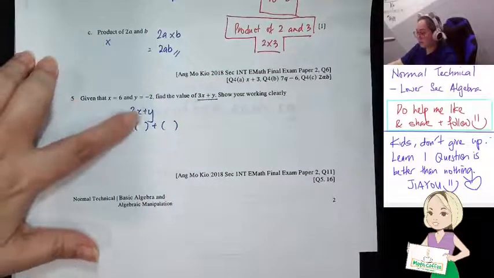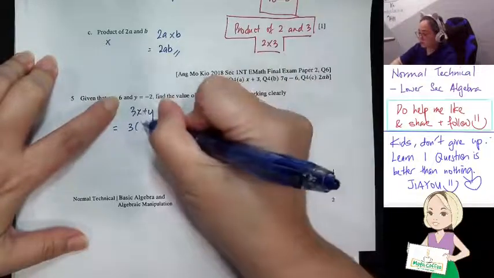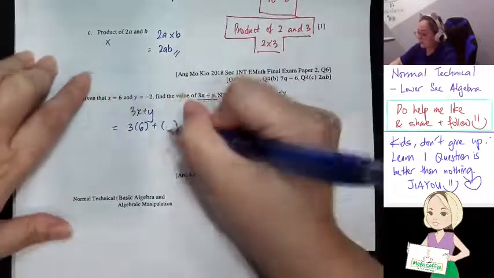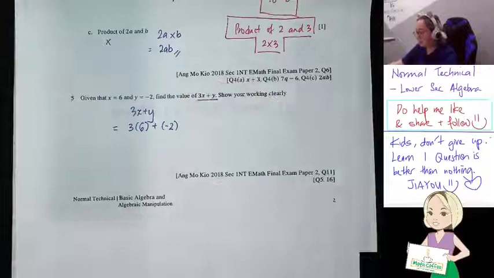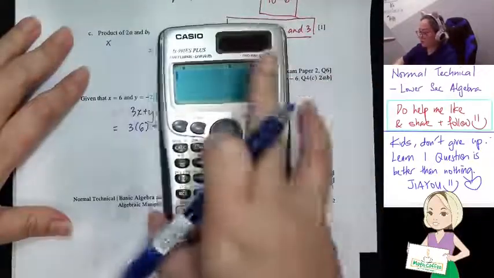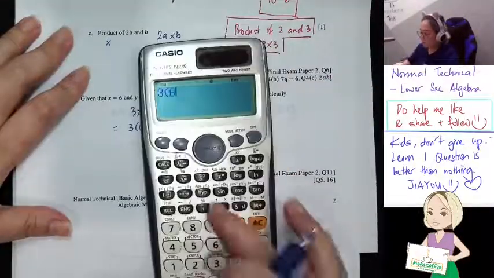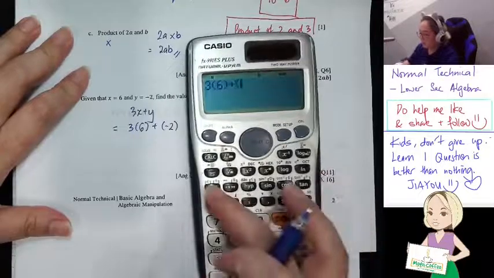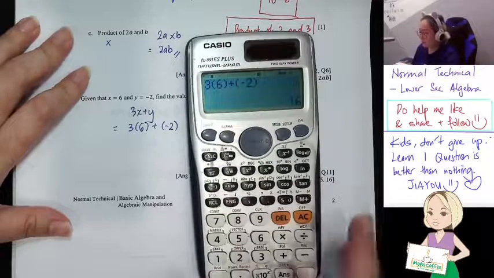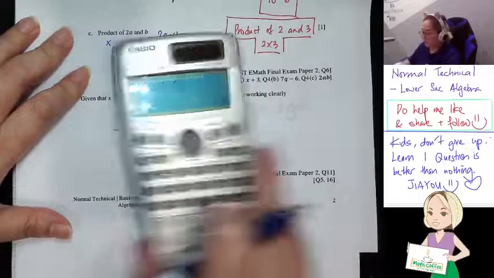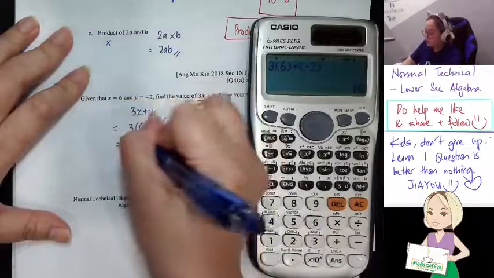Now we throw in x, they tell us it's 6, so we put in 6 here. y is negative 2, so you put it here. Then you go to your calculator. So it's 3 open bracket 6 plus open bracket negative 2, and you will get 16. So it is just equals to 16.